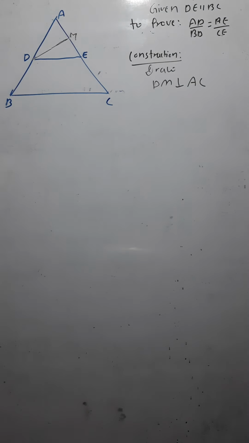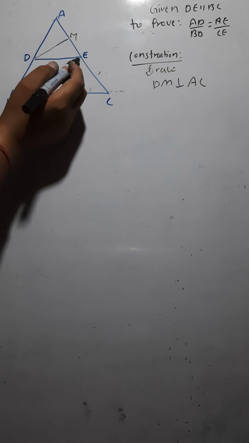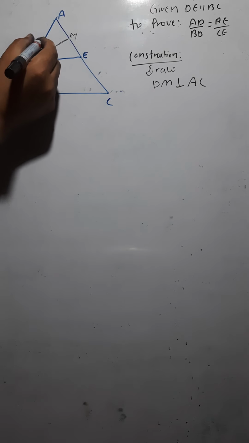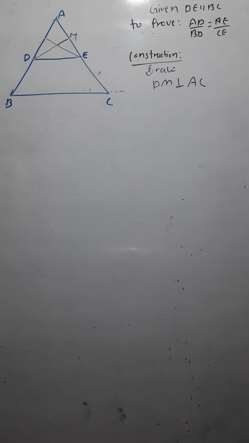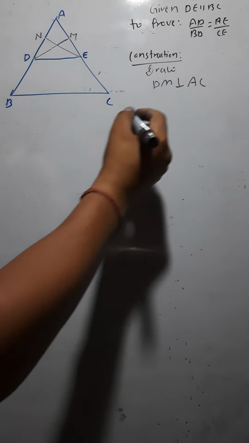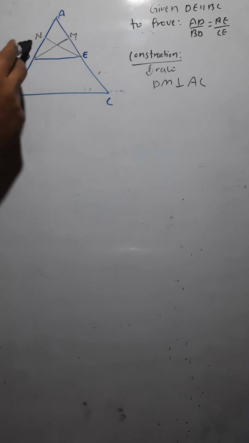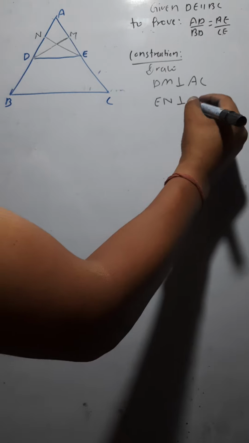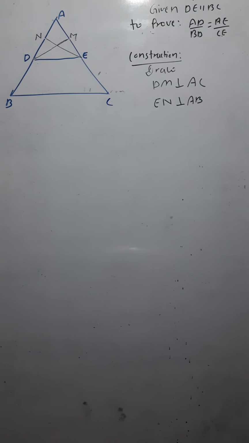DM perpendicular to AC. Similarly, I would draw one more line, from E, that would be perpendicular to AB. Let me draw this line from E. Let's say this point is N. One more construction is EN perpendicular to AB. This is the construction we have done here.